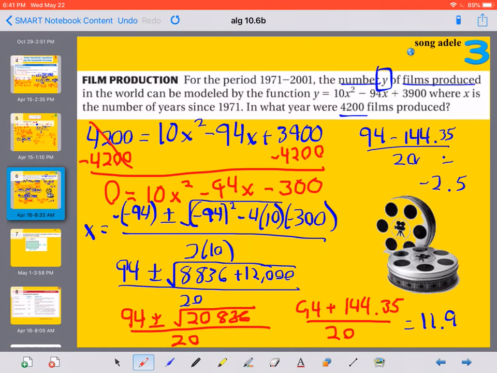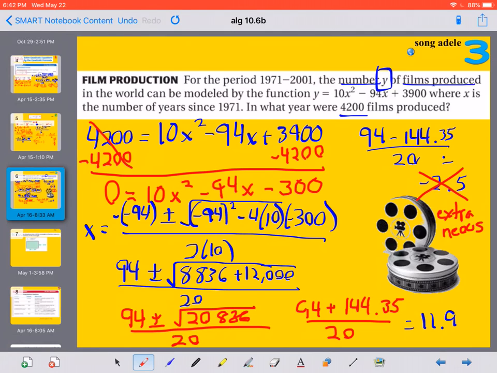Now, I know that we're looking for what year were 4,200 films produced. Well, I can't have negative years, so I know that I can't have negative 2.5. That's what's called extraneous. So it's an extraneous solution.